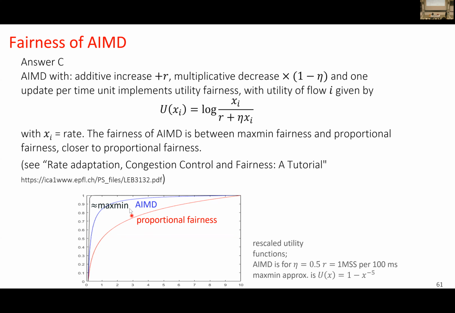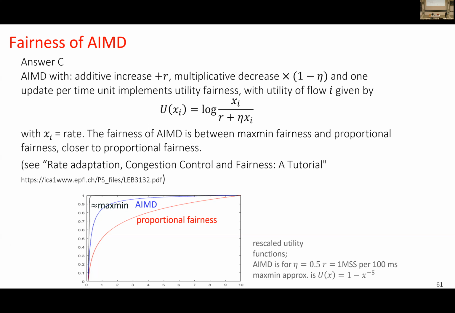We can interpret max-min as the limit of utility function when we have a utility that's completely degenerate, which is minus infinity at 0 and everywhere. We see that it goes more in this direction. So the take-home message is, it looks like proportional fairness with a small plus that goes into the direction of max-min fairness.